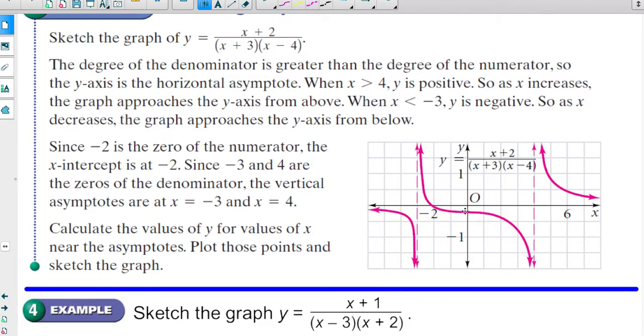Now you can also see that if you set this numerator equal to 0, you would have x is negative 2. So it's crossing right here. You can either have a graph that goes like this, or you can have a graph that goes like this, like we have.